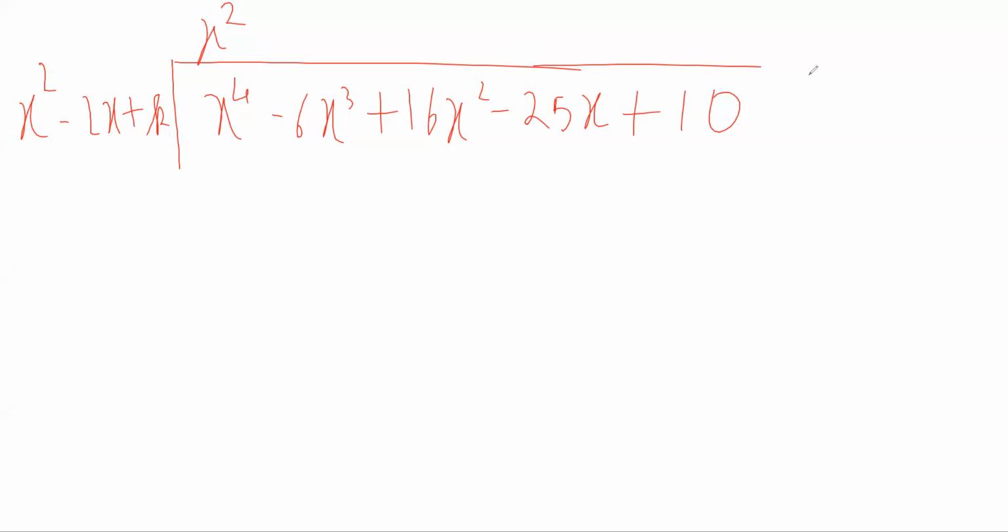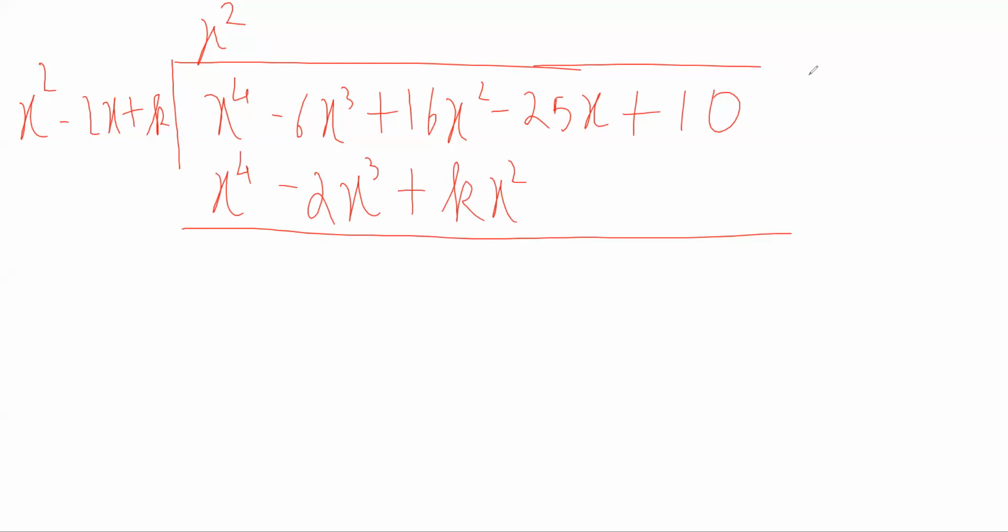So x square. Now when you multiply x square minus 2x plus k with x square, it will be x to the power 4, minus 2x cube, and plus kx square.